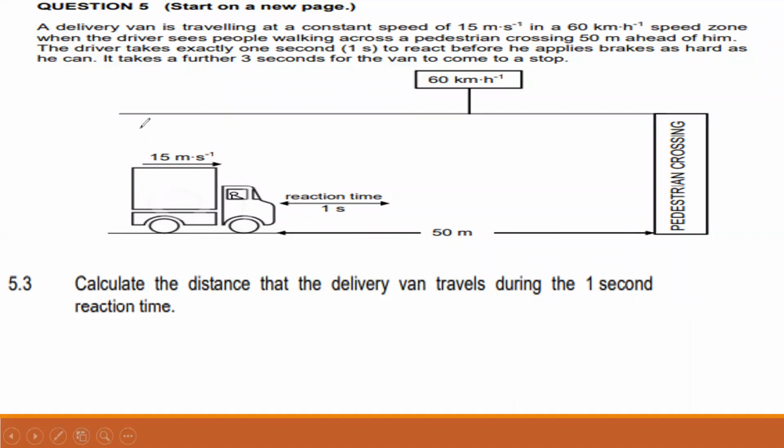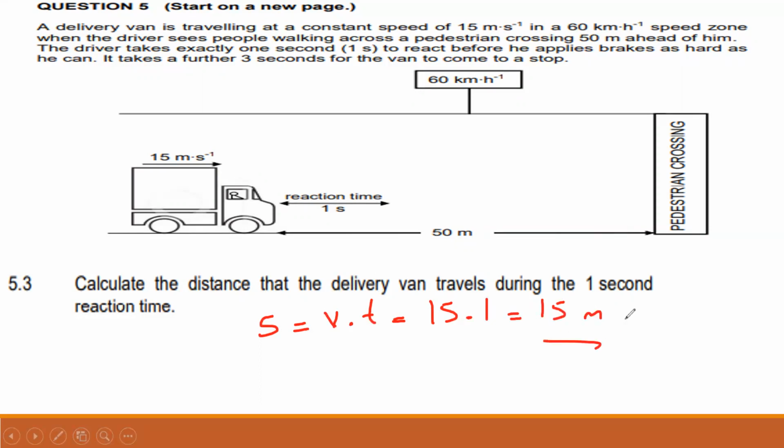Distance equals, we can say, symbol, some people use S, some people just write distance. We can use V times T. What is V? 15 meters per second times 1 second, and then you get 15 meters.